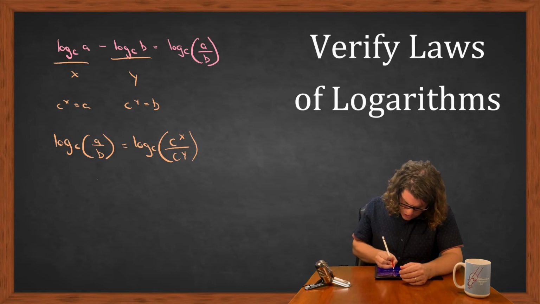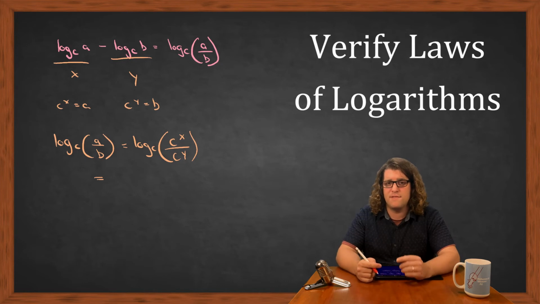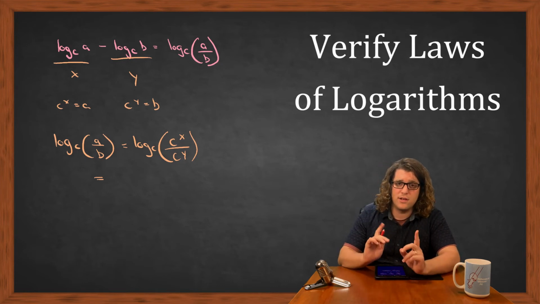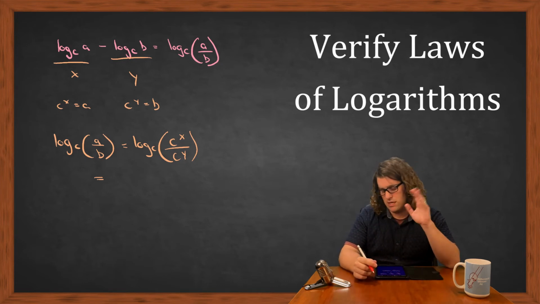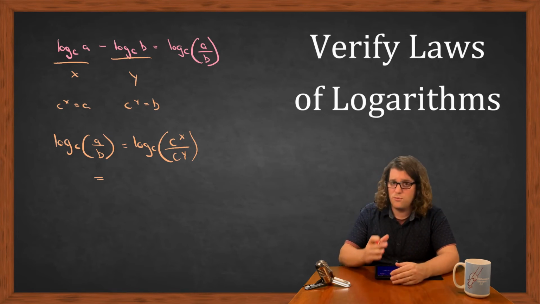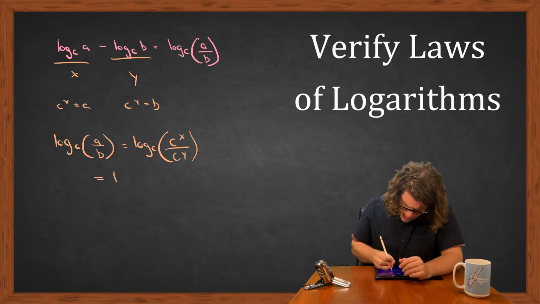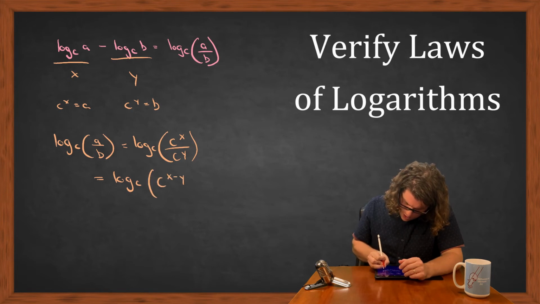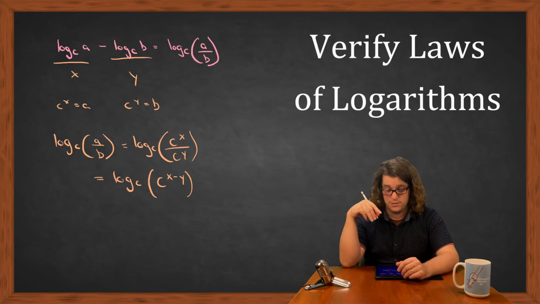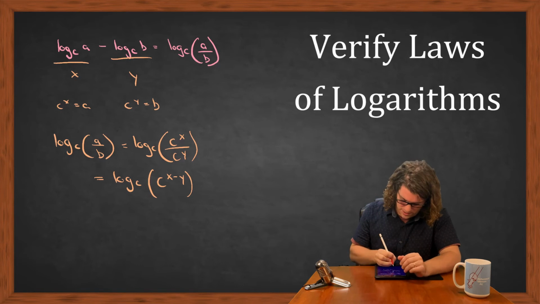The exponential rule that we have for this one is that if you're dividing things that have the same base, then we can subtract the exponents, again, as long as things with the base work, and we're okay with it being real number exponents. So that should be fine. If we believed it last time, we'll believe it here too, which would be c to the x minus y. So we can subtract those exponents and get a single exponential expression in there.